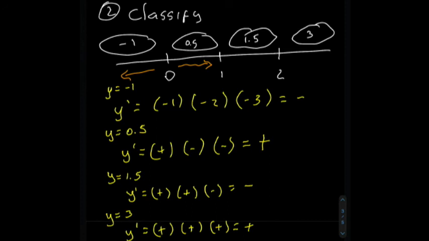In the next region, we got a negative sign, so we draw an arrow pointing to the left. And finally, in the last region, we got a positive sign, so we use a right arrow.